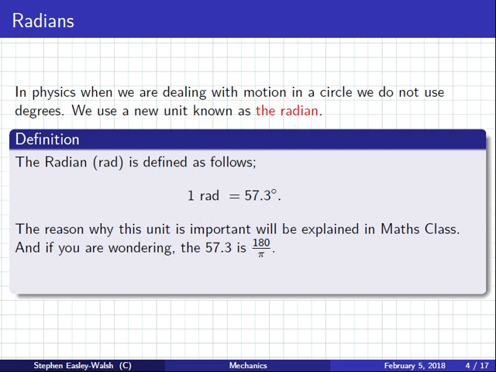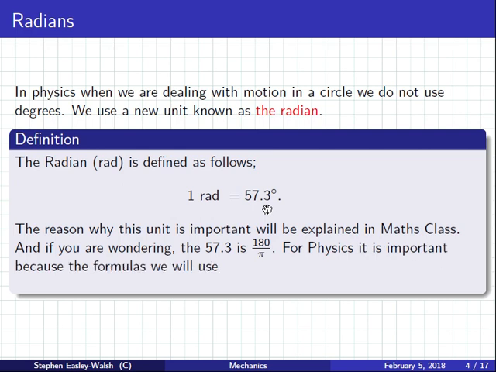What actually is 180 divided by pi? 57.295, so 57.3. For physics, it's important because the formulas I'm about to use only work if you use radians. Have you studied this unit before, radian, in maths class in China?